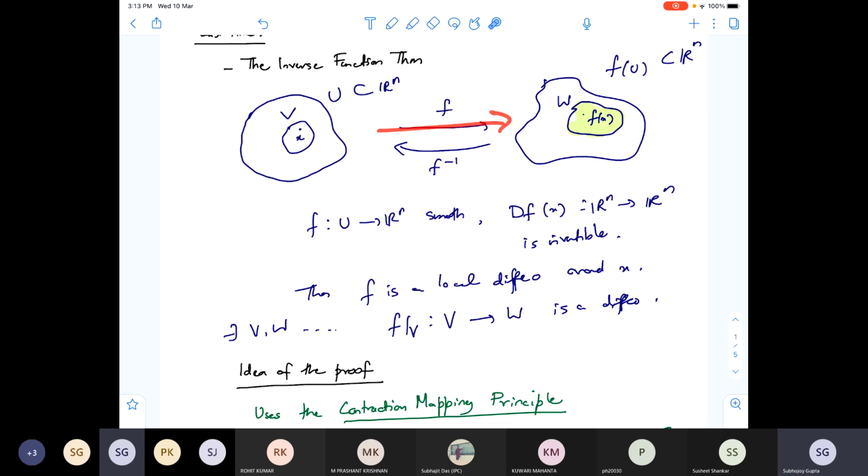Then this composition, by the chain rule, has derivative identity at the point x.